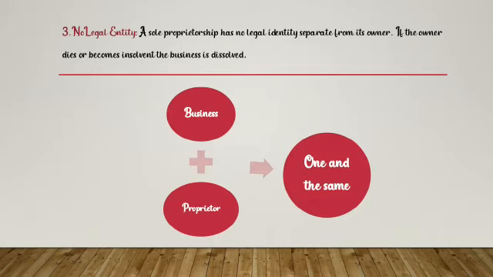So, for example, if the owner of the business is not able to efficiently manage the business, he would not only be liable for paying the debts, but the private properties or private assets of the proprietor or the owner will also be used to fulfill the debts of the business.